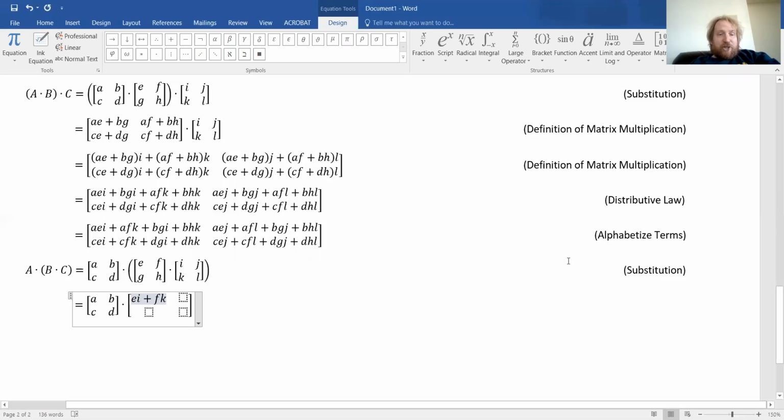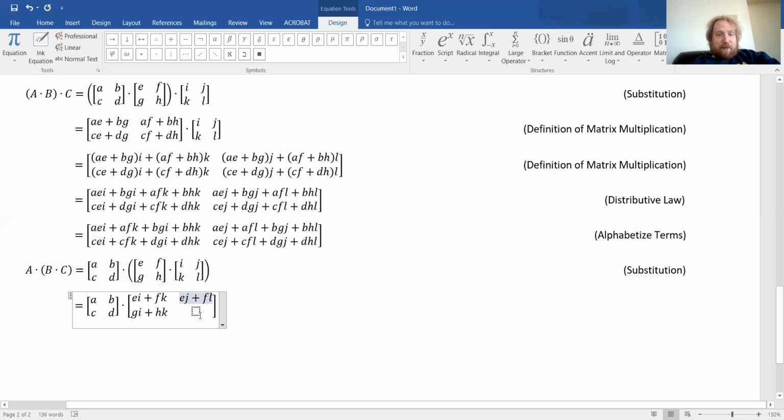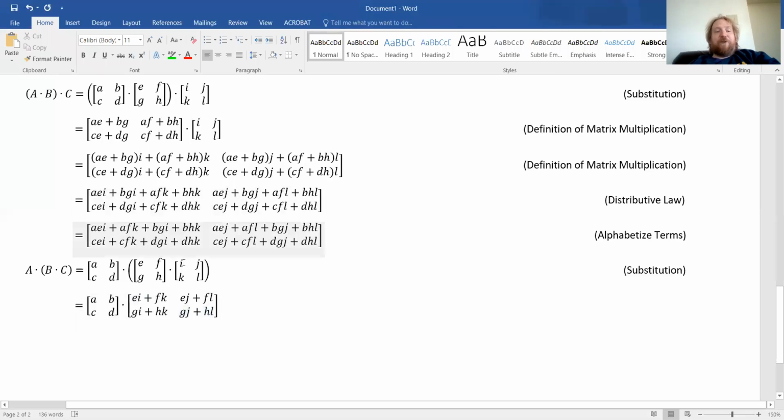I get GI plus HK. I get EJ plus FL. I get GK, GJ plus HL by definition of matrix multiplication.